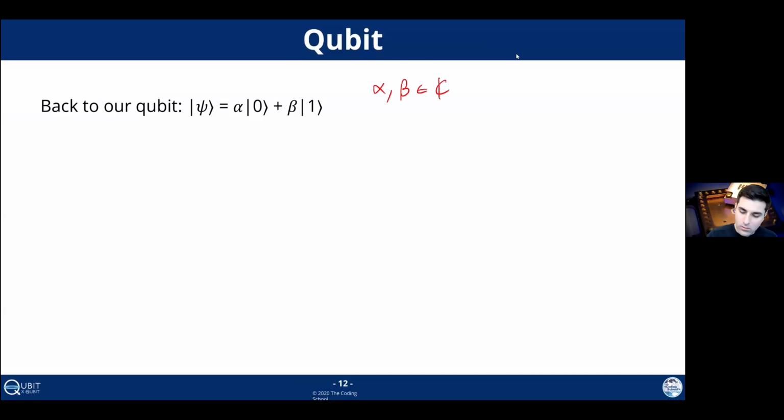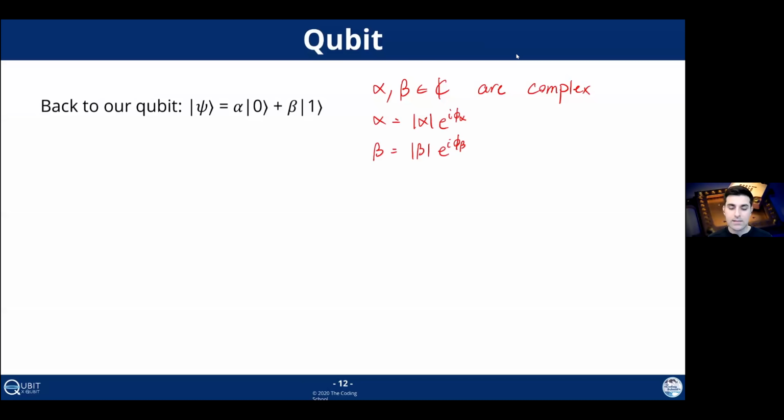So what this means is that I can write alpha as the magnitude of alpha times some phase, which I'm going to call e^(i phi_alpha). And beta I can also represent the same way: I can write it as the magnitude of beta times e^(i phi_beta).